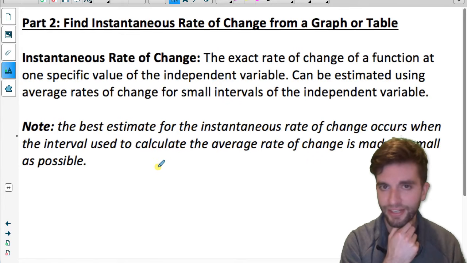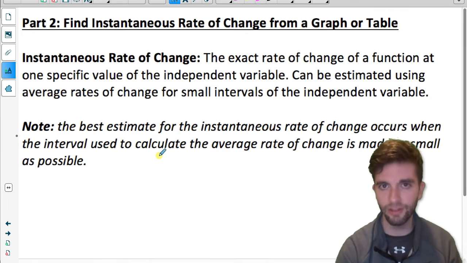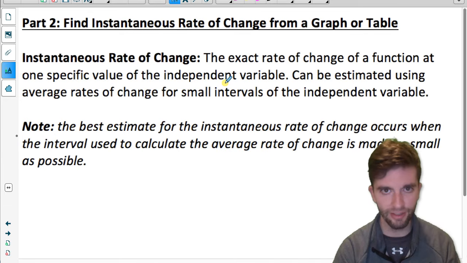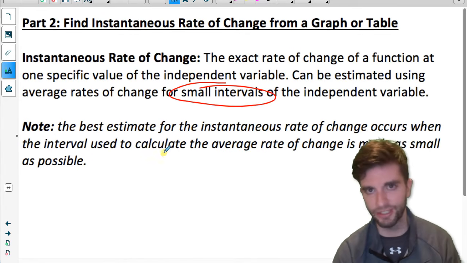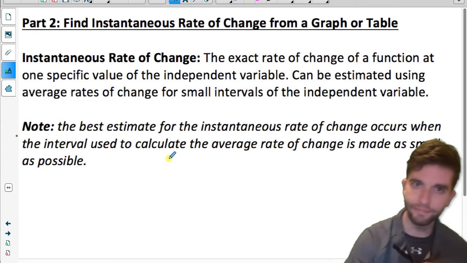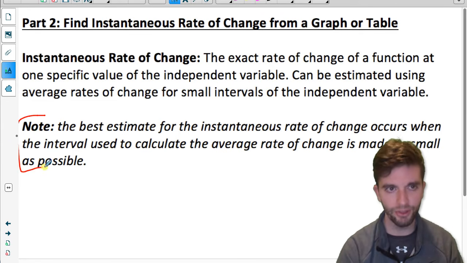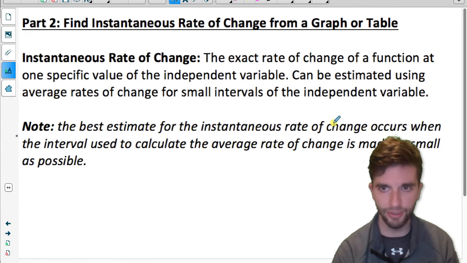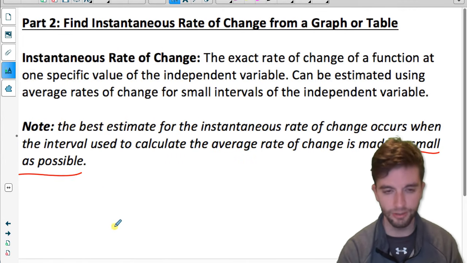We don't know how to calculate slopes of tangent lines, but we do know how to calculate slopes of secant lines. So if we can calculate slopes of secant lines over very, very small intervals, it'll give us a good representation of the slope of the tangent line. And we'll talk a lot more about that, and specifically about this last part that says the best estimate for the instantaneous rate of change occurs when the interval used to calculate the average rate of change is made as small as possible.